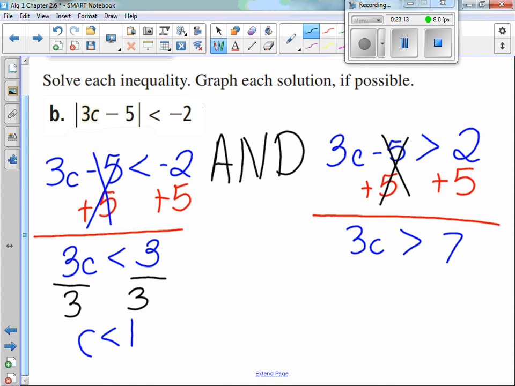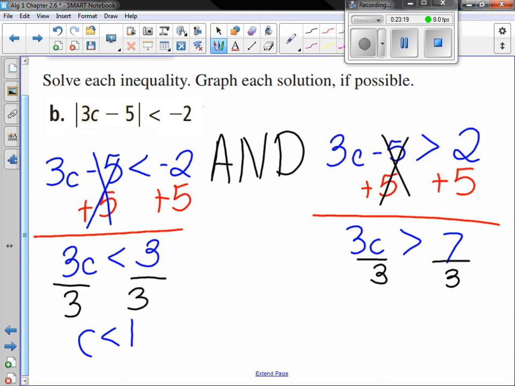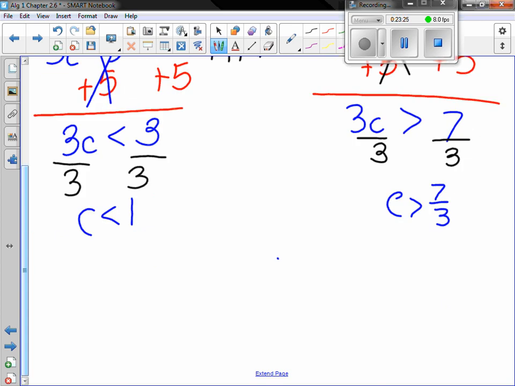And then what do we do? We divide both sides by 3, and we get c is greater than 7/3. Now, if you need to turn that into a decimal to see how it looks, that's fine. But is 7/3 bigger or smaller than 1?